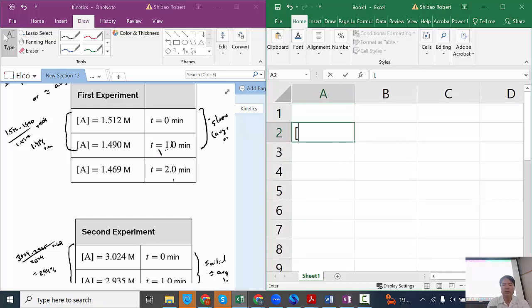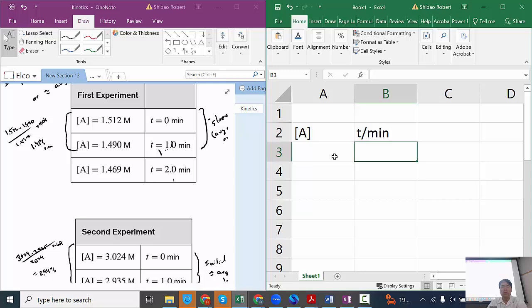So here I'll put the concentration of A, and then over here I'll put the T in units of minutes. And actually, let's see, which one is X? You know Excel, the order it does it? If I write it like this, then it's going to take A as my X and T. I'm going to swap these here.